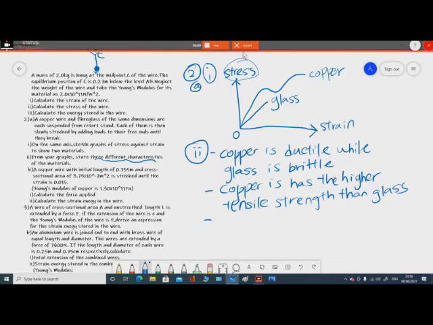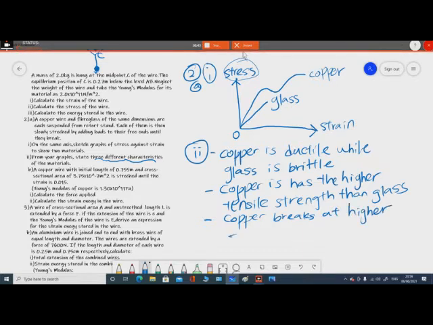As we can see, the copper has a higher strain before it breaks, while the glass breaks at the end of its proportional limit. So copper actually breaks at higher strain.